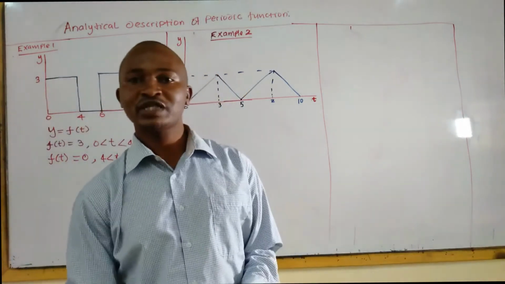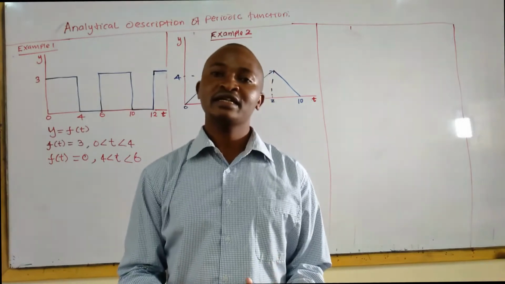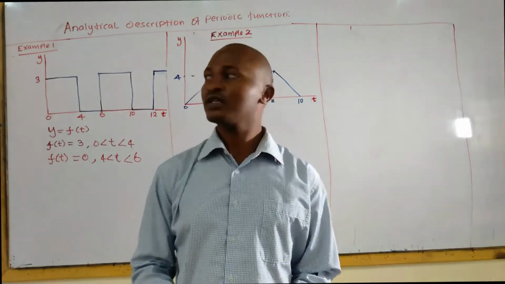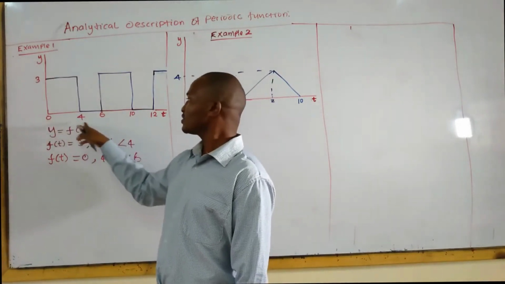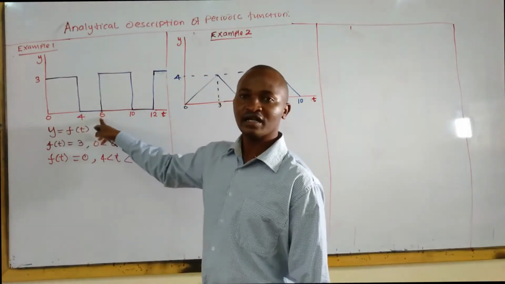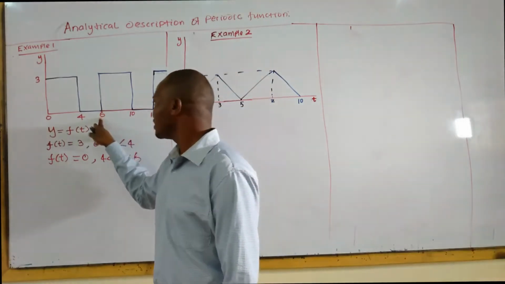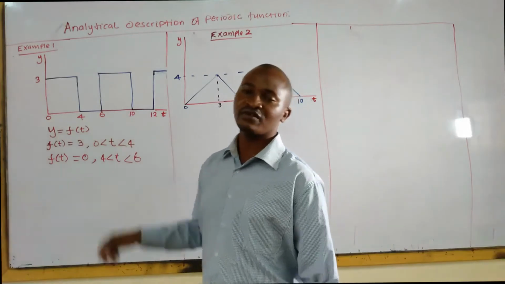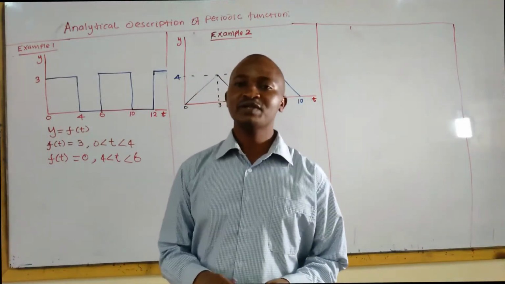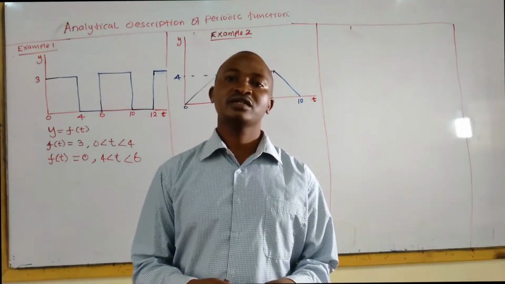This function is periodic. It has started repeating itself. The first period starts from 0 to 6 seconds, and another period starts from 6 to 12 seconds. Therefore, this function is periodic with 6 seconds.